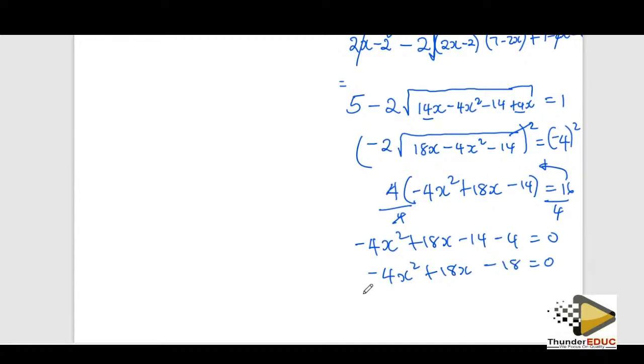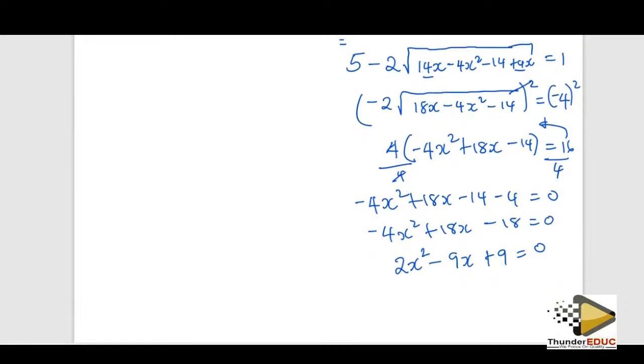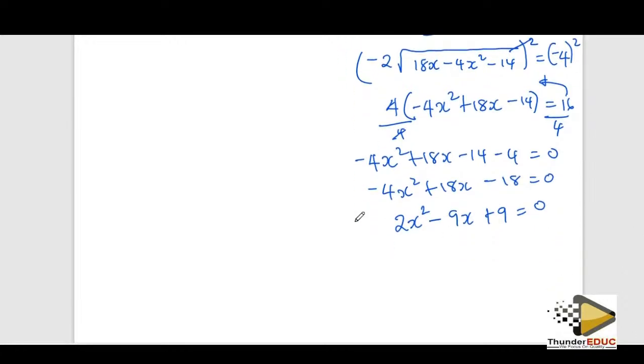Okay, can divide through by negative 2. But I have 2x squared minus 9x. I divide through by negative 2. I'll get a positive 9 is equal to 0. Okay. Then from here, I can do the factors.